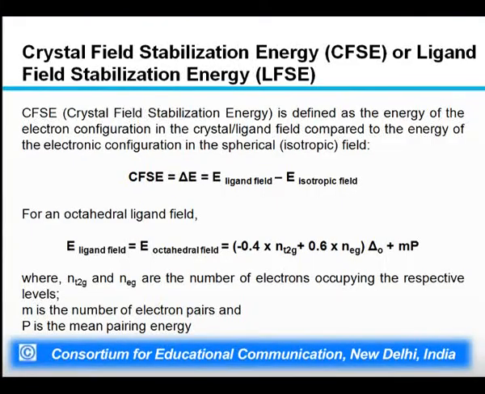So, therefore, CFSE is expressed as a multiple of delta naught and the pairing energy is also added to it. So, the CFSE or the energy of an octahedral field is equal to, as shown in the formula, minus 0.4 delta naught N-T2G plus 0.6 delta naught N-Eg plus mP, where m is the number of electron pairs and P is the pairing energy.